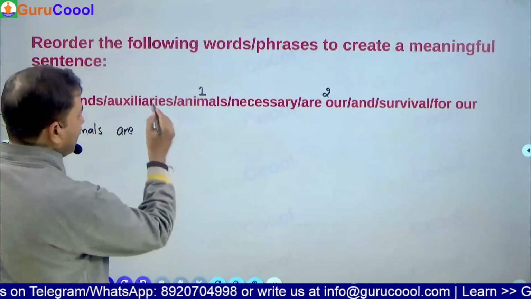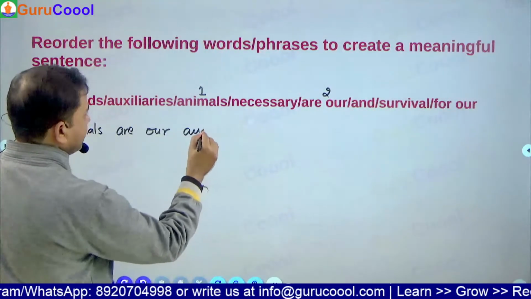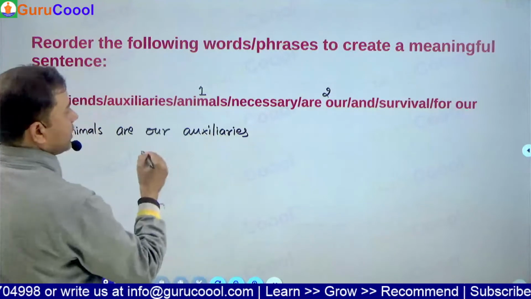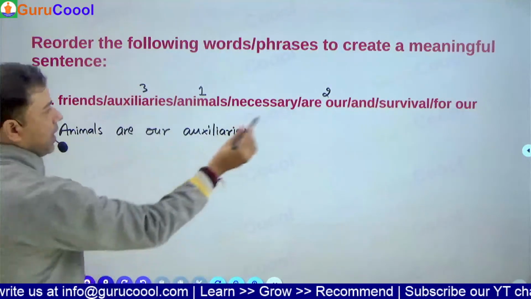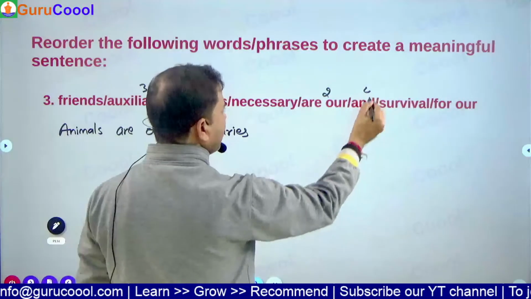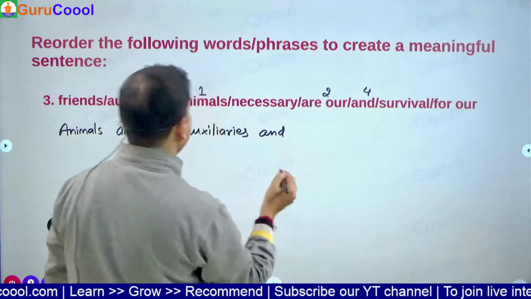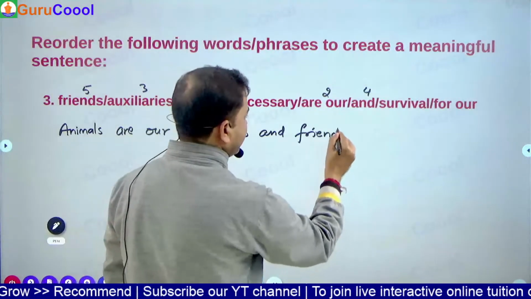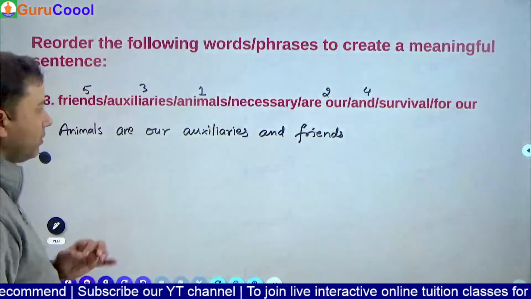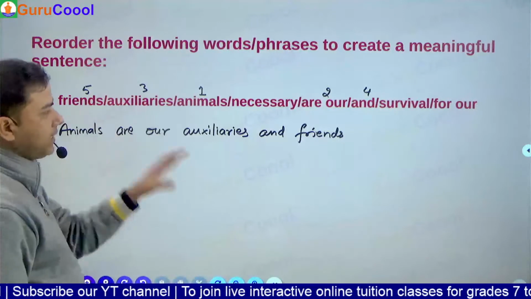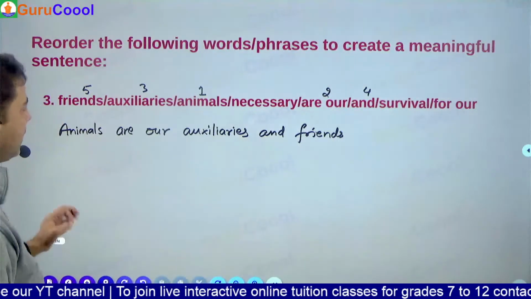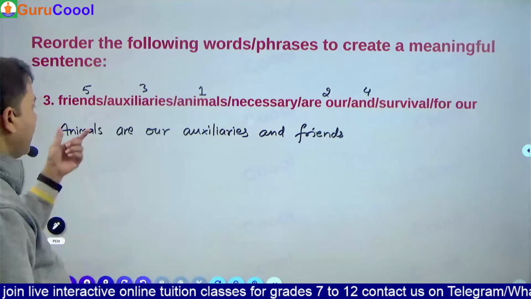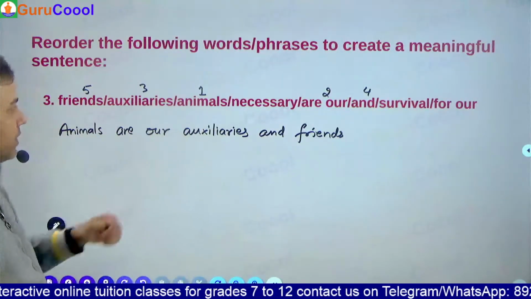Animals are our auxiliaries, and friends. It should be meaningful. When you write it in your notebook, on your paper sheet, first read it and check if it is giving the complete sense. Animals are our auxiliaries and friends.